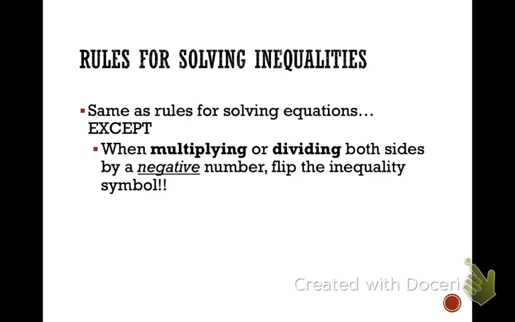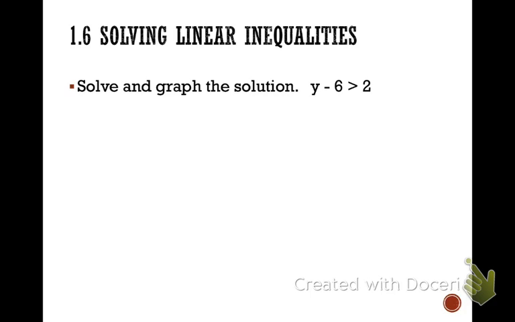That's the only thing that changes. So if I have y minus 6 is greater than 2, what do I need to do? Add 6, add 6. So y is greater than 8.